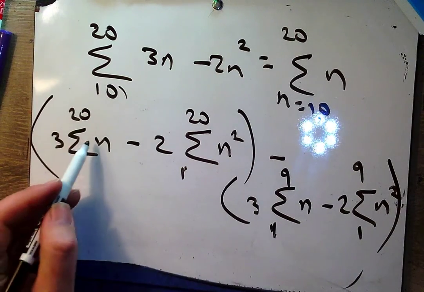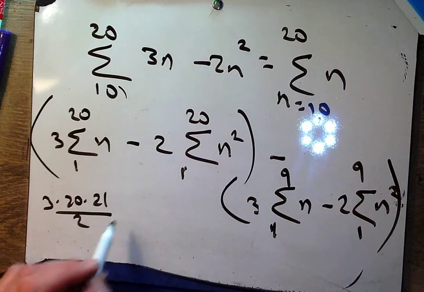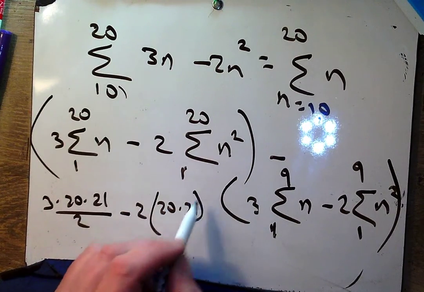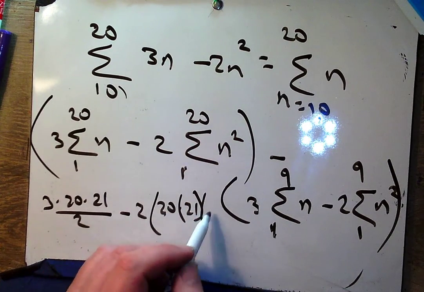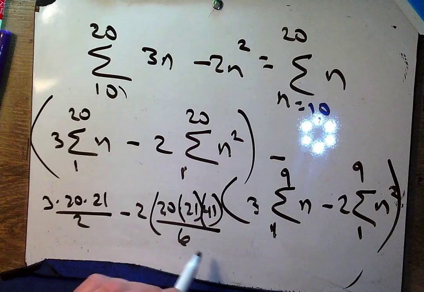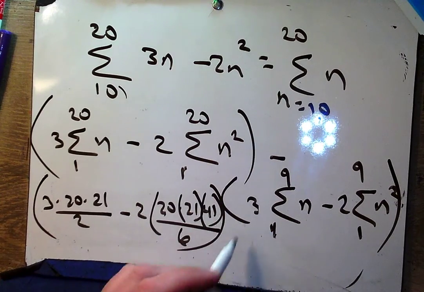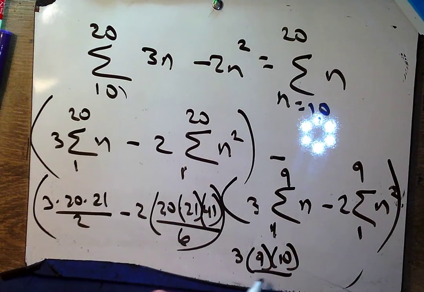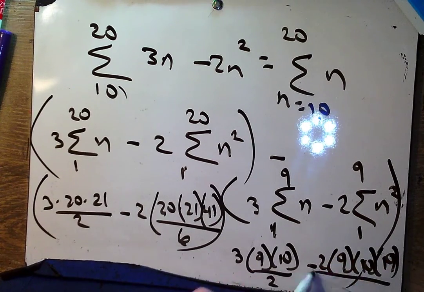Okay, so that's going to be 3 times 20 times 21 over 2 minus 2 times 20 times 21 times, 2 times this is 40 plus 1 is 41, over 6. And this one will be 3 times 9 times 10 over 2 minus 2 times 9 times 10 times 19 over 6.